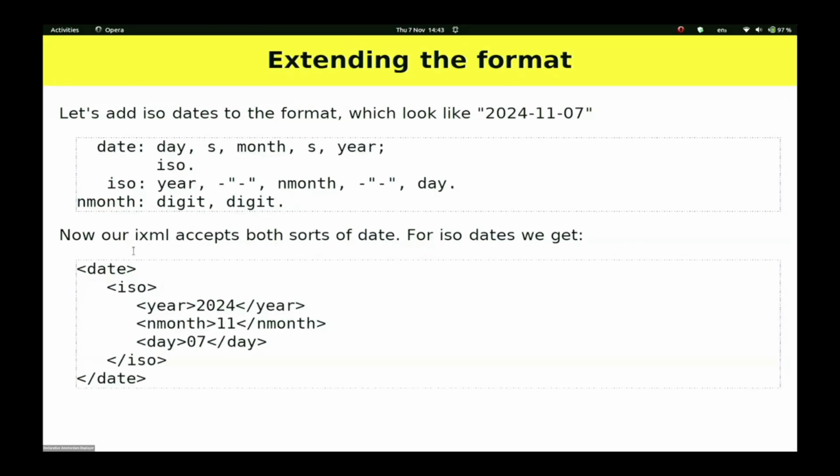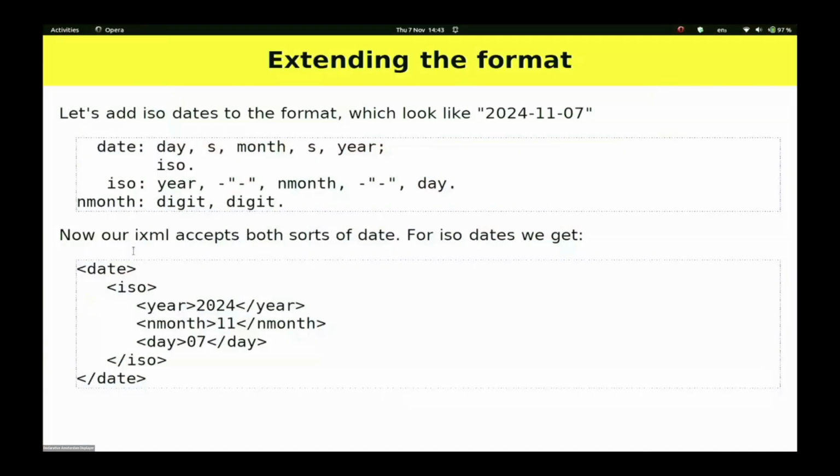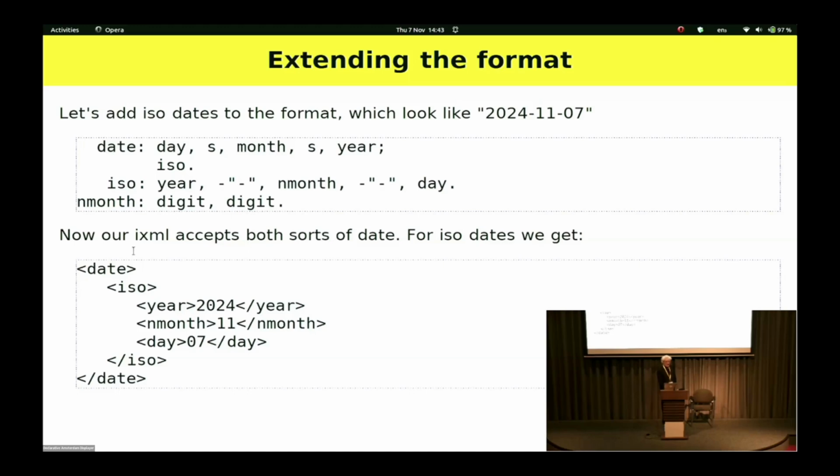Now, I want to get on to some more advanced examples, which is why I'm sort of rushing through this a bit. But let's add ISO dates to the format so that now we both accept a day as spaces a month, a spaces a year, or an ISO date, where the ISO date is a year dash numerical month dash day.